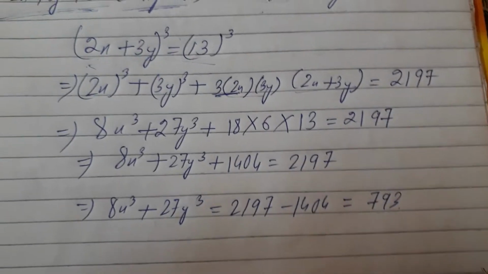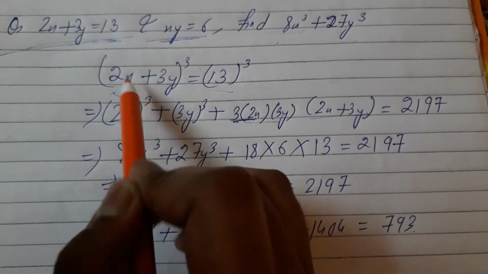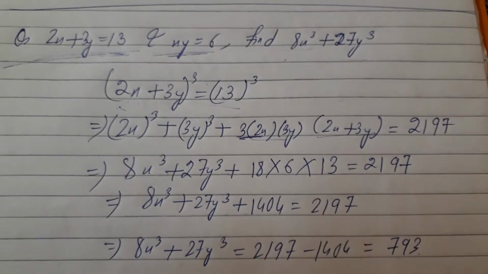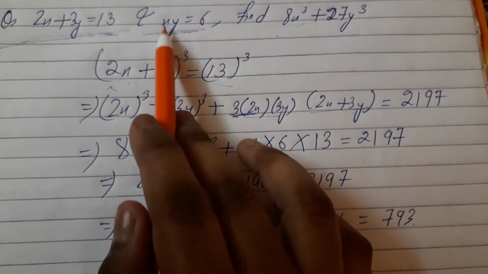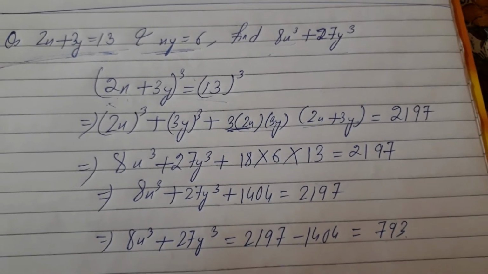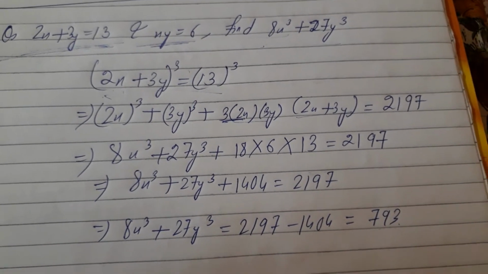So this is your answer. First you have to write this, then cubing both the sides, automatically the sum will be solved. First you have to carefully see what is already given to you and what you have to find, then relate this. Then you can solve it very easily.